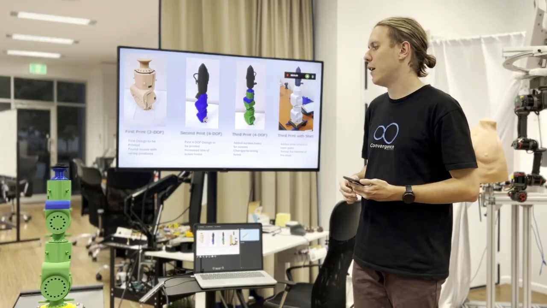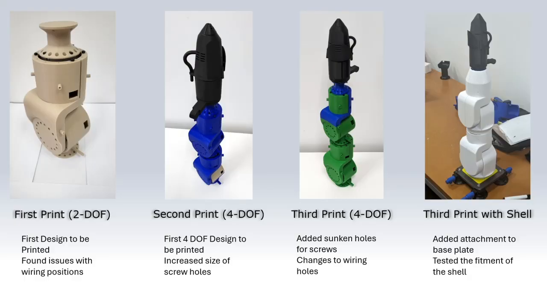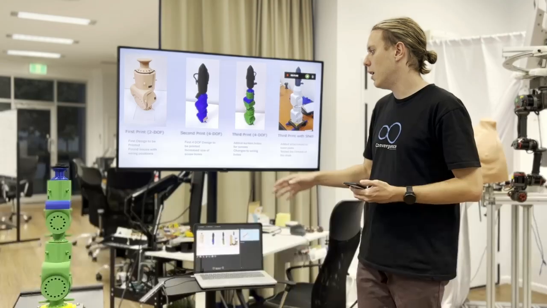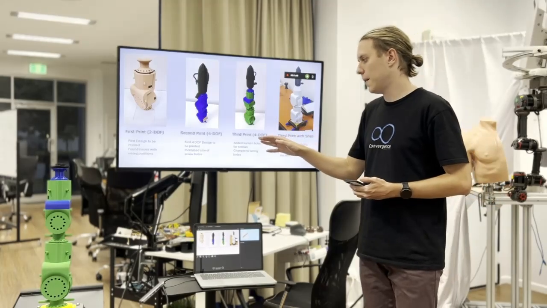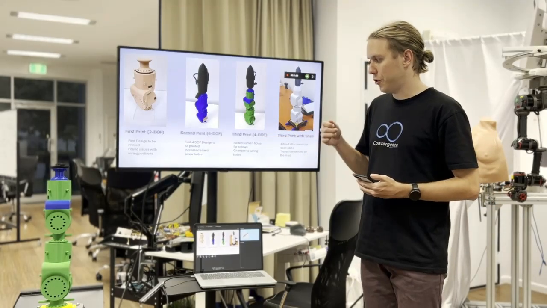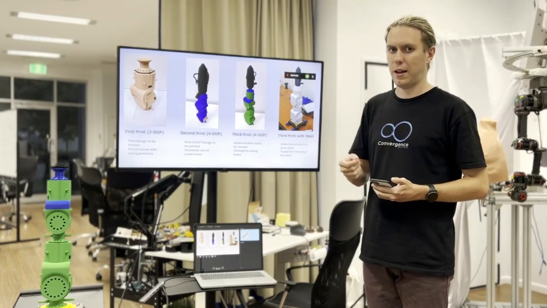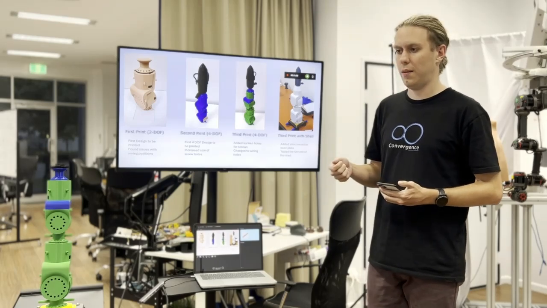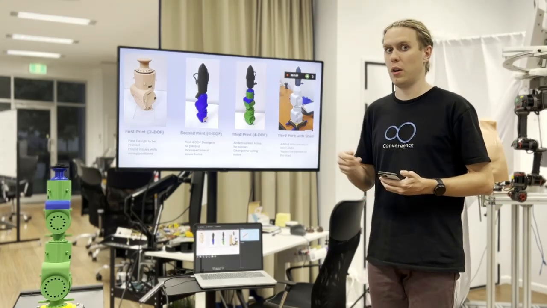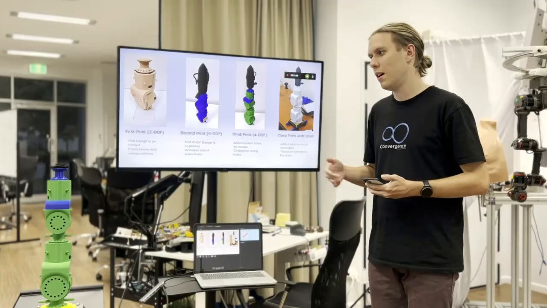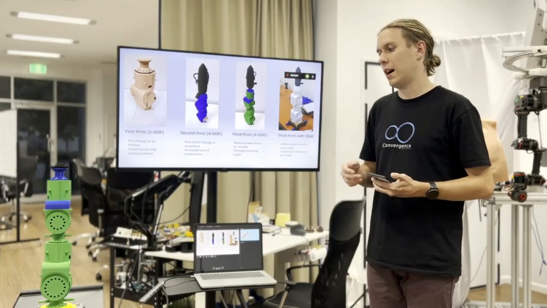So I had to rectify that, which I did in the second print, for which I got more motors and made it a 4 degree of freedom robot. I also had some problems with screw holes being a bit too small or being the wrong size, so I increased them for this one. My third print, as you can see here, I also added in indents, so that when I screw into certain sections of the motor which are very deep in their thread, I could put them in without issue.